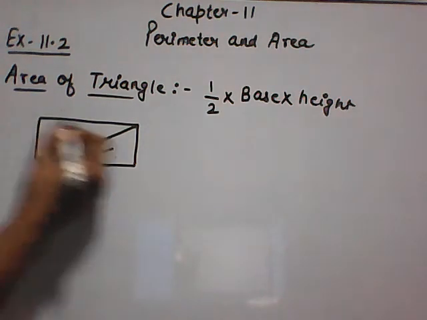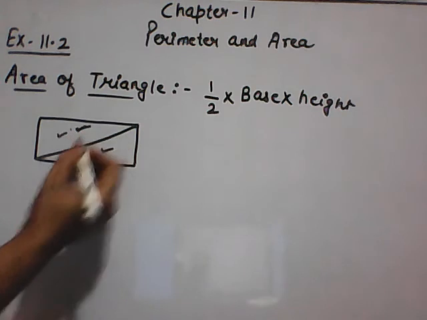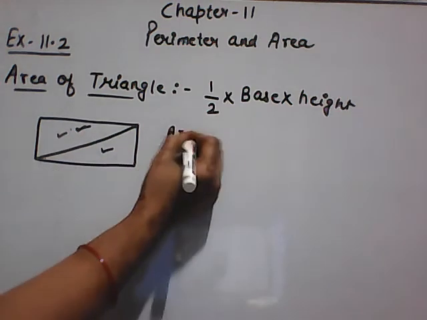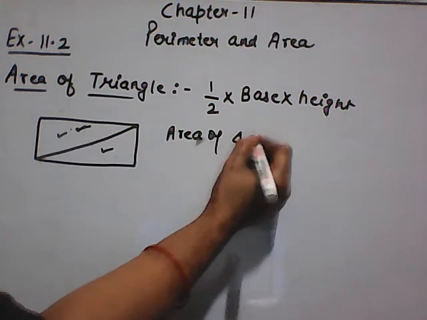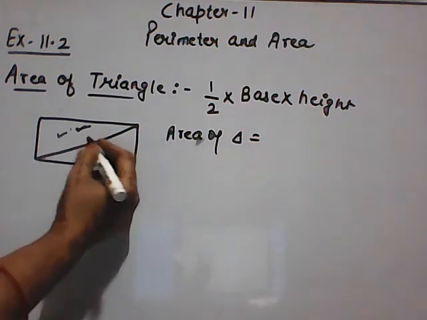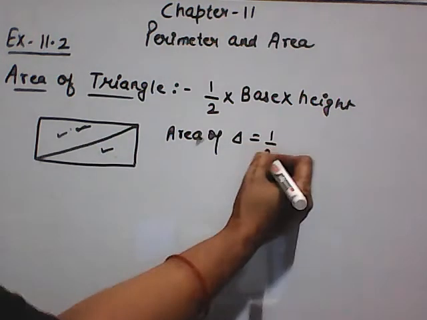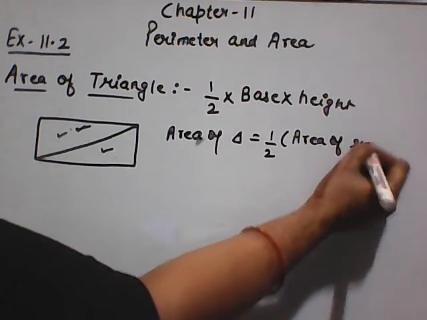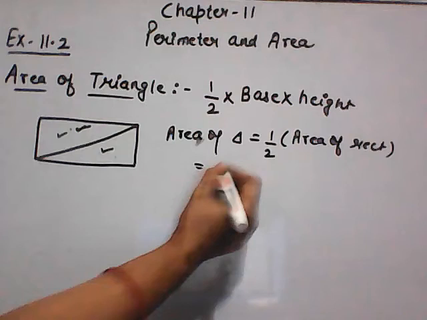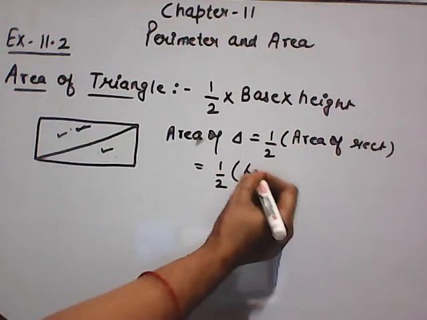Now, the area of one triangle. Suppose the area of each right angle triangle is equal to half of the area of the rectangle. Now we know the area of a rectangle is length into breadth.